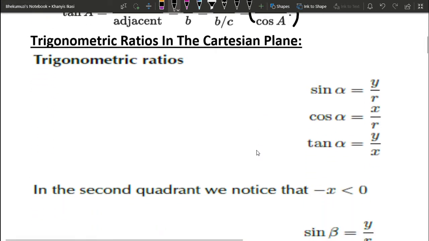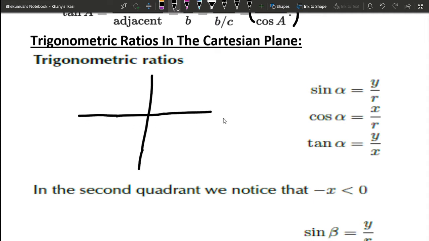The first thing we're going to look at now is that the trigonometric ratios are also written in a different way when we look at the Cartesian plane. So here's our Cartesian plane, which I'll draw quickly.